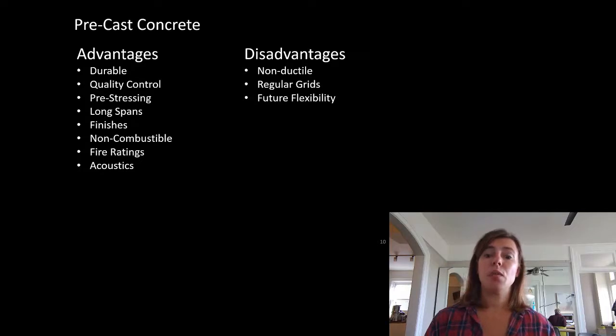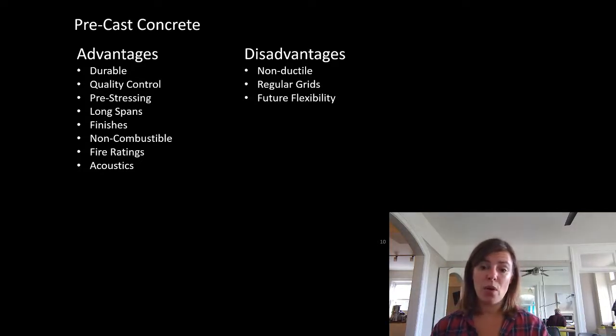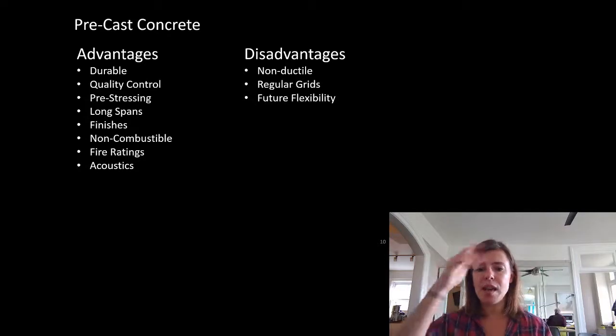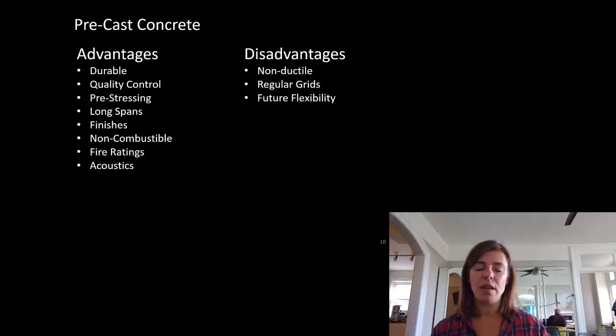Finishes. This is one of the really nice things about precast concrete. They cast that concrete against something pristine, often a steel plate of some sort. Our concrete in the field, our cast in place concrete, is usually cast against a piece of plywood. Sometimes that plywood is on its 7th reuse. So there's bits and chunks stuck to it. When you take it off, all of that is going to read in your concrete.